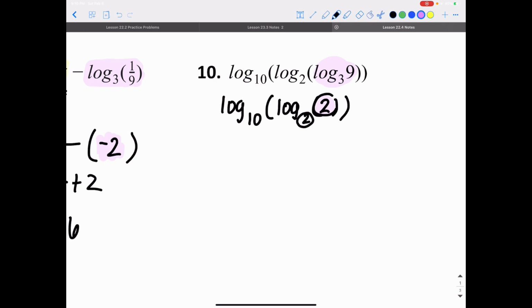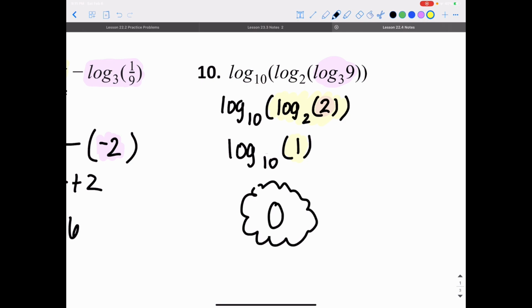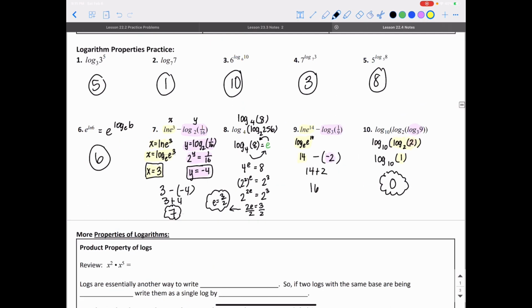What do I have to raise 2 to get 2? And that is 1. So I'm actually doing log base 10 of 1. So this whole thing here is actually just 1. And what do I have to raise 10 to get 1? That's 0. I have to raise 10 to the 0th power to get 1, so the answer is 0.